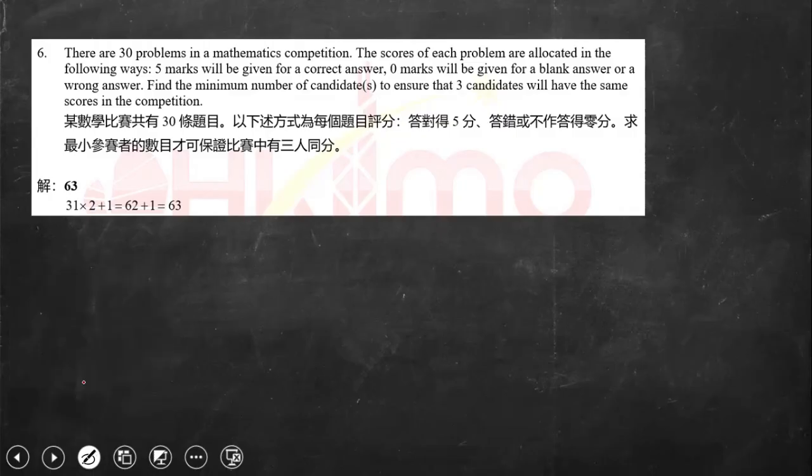Okay, we have this equation here, but how did we get there? First, we have to get the range of scores. Okay, so there are 30 problems and 5 marks for a correct answer and 0 marks for a blank answer. So the maximum score here will be if you get everything correct.